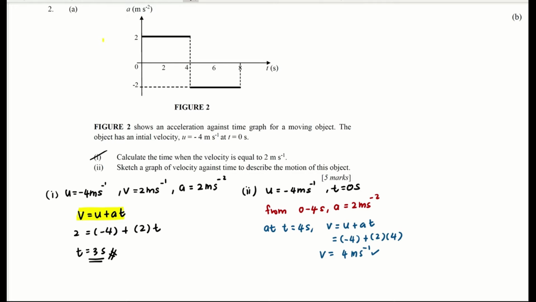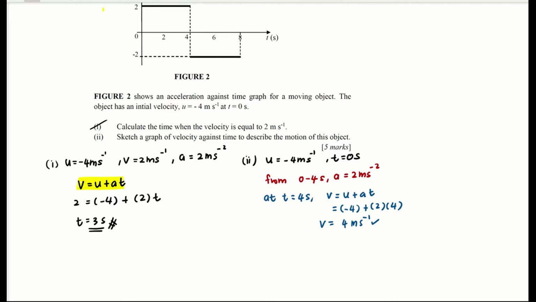And then from 4 to 8 seconds, the acceleration is equal to -2 meter per second squared. Alright, so means that we can calculate what is the velocity at 8 second.